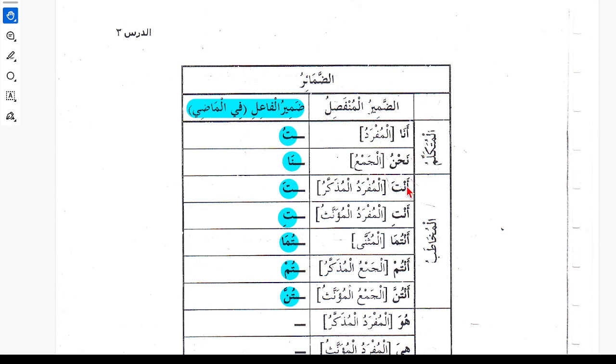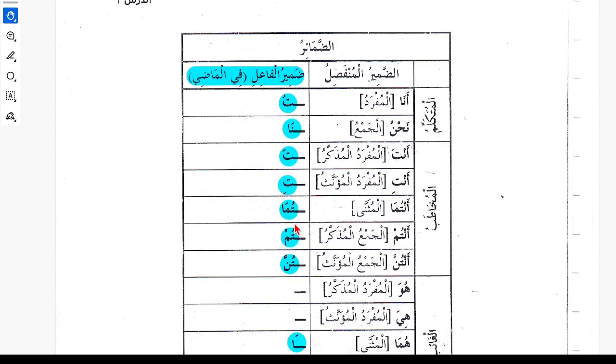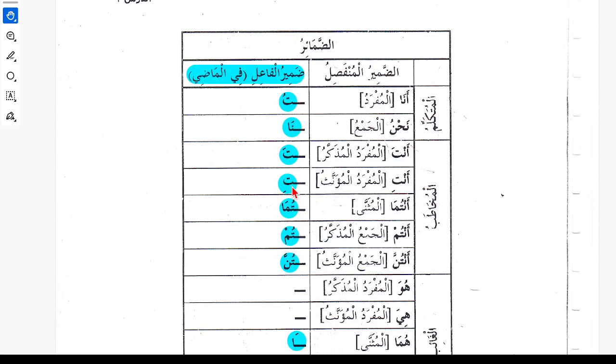Now the second person pronouns. For anta, dakhala will change to dakhalta, you entered. Similarly for anti, which is for feminine, mufrad muzakkar, singular masculine, and mufrad muannas, singular feminine, dakhalti means you entered.